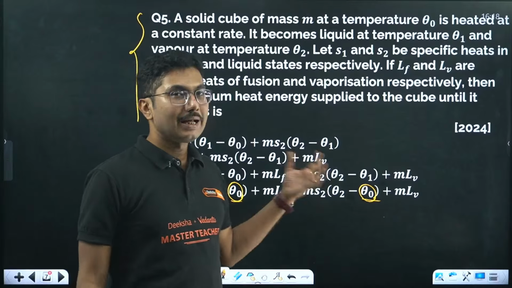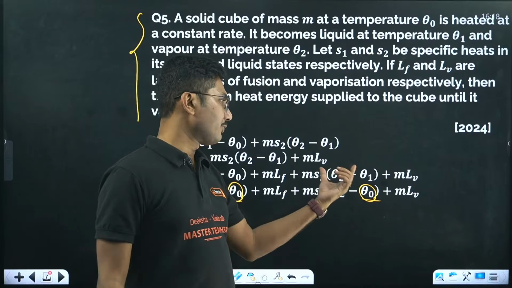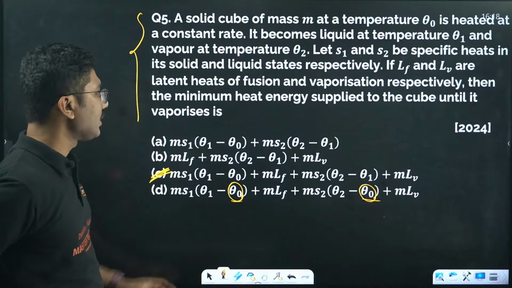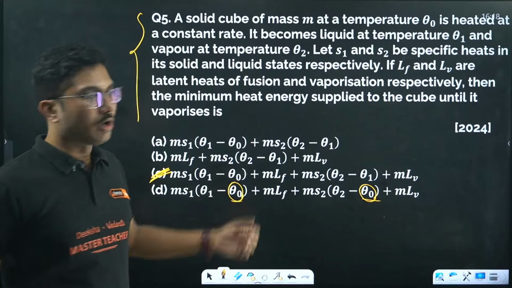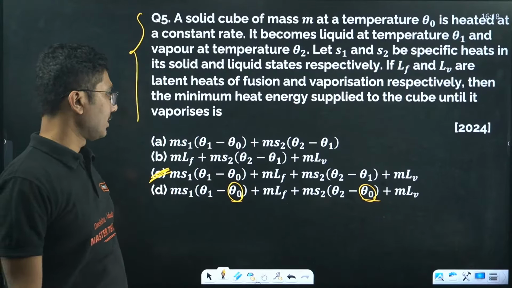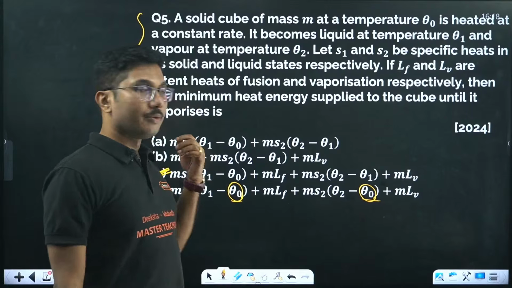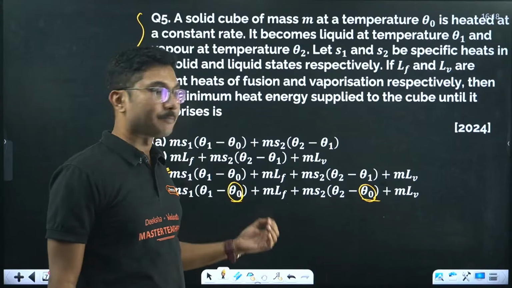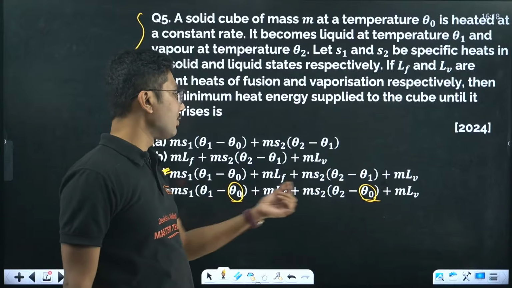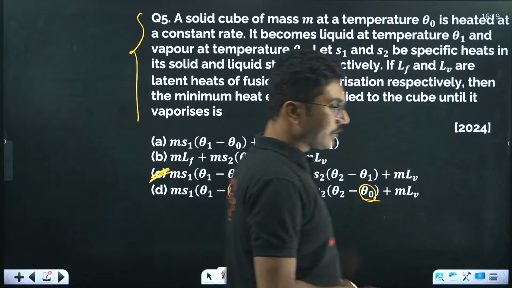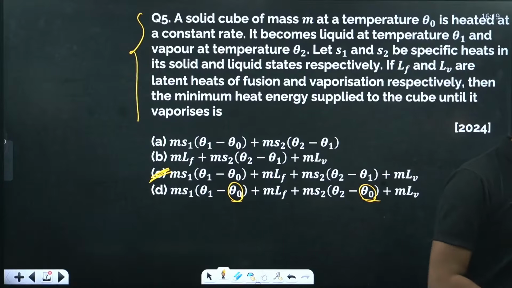It has to be the intermediate temperatures, which is theta 2 minus theta 1. So the correct answer is this one. Other options lack one or two terms, which means they are incorrect. Even if you have solved it, in the heat of the exam you might make a mistake and change your answer, so make sure that you have answered this correctly.